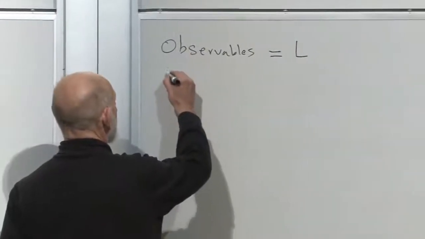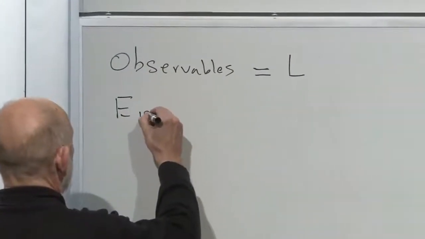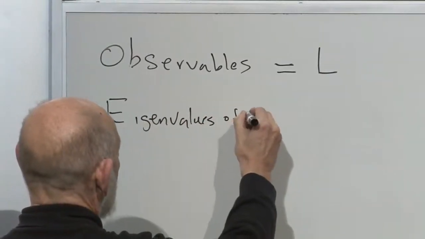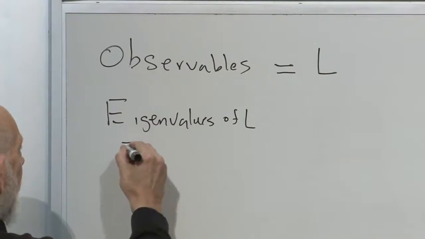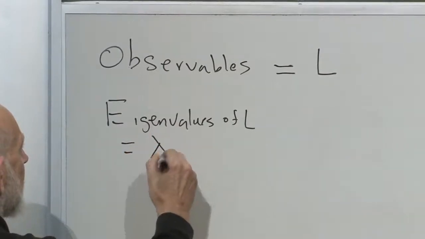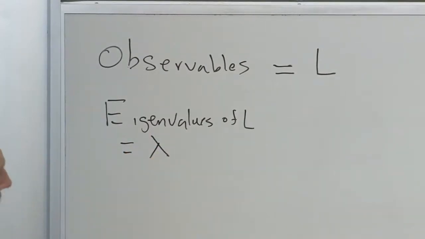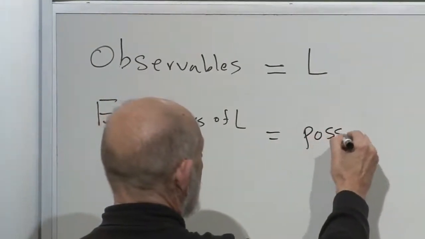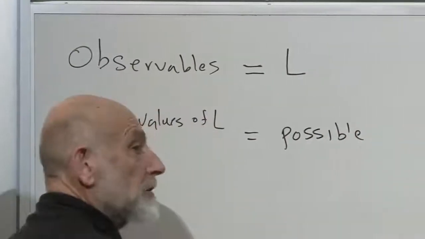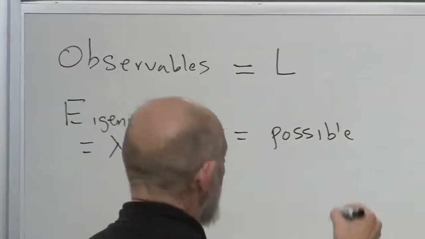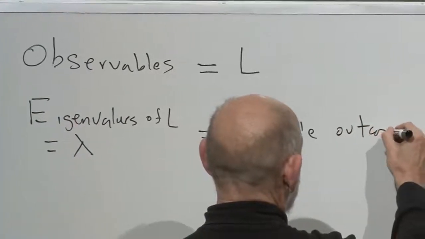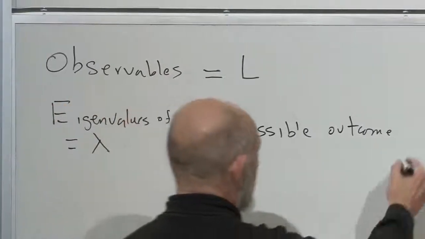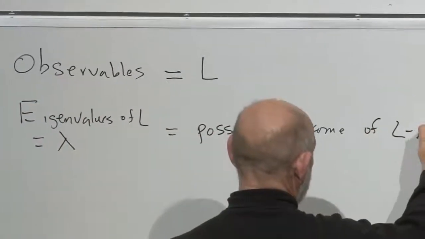So the eigenvalues of L, which equal lambda, represent the possible outcomes of an experiment to measure L.